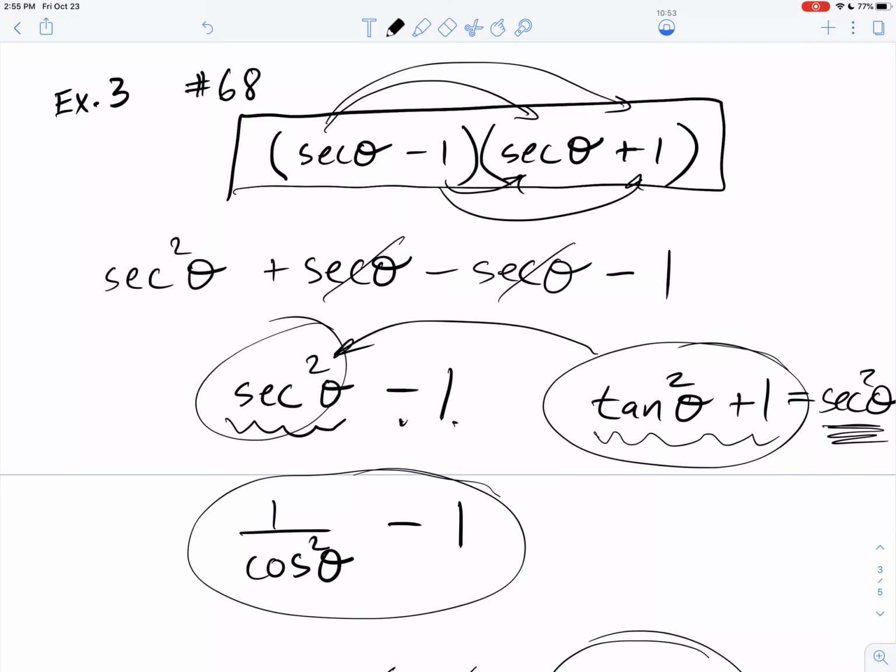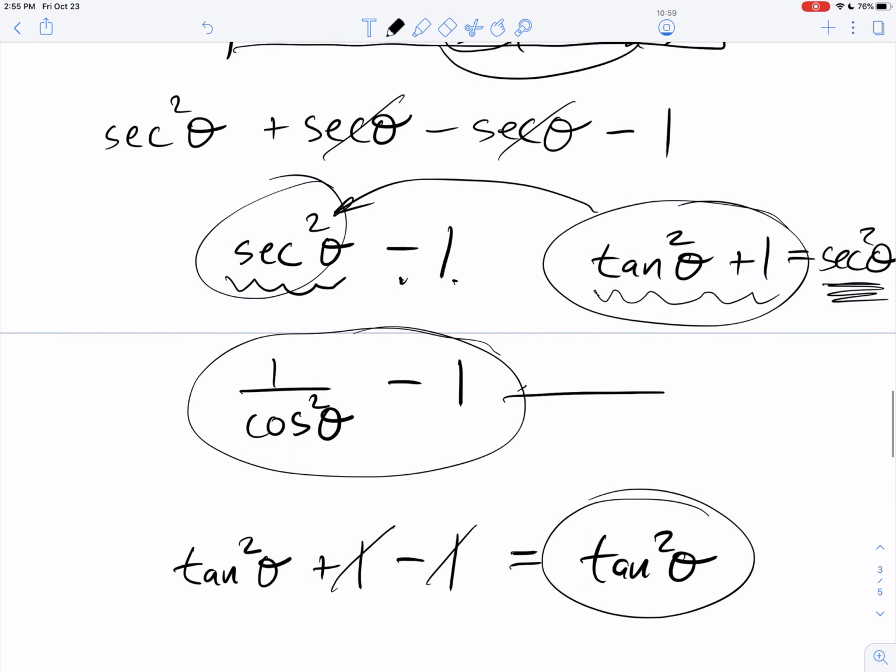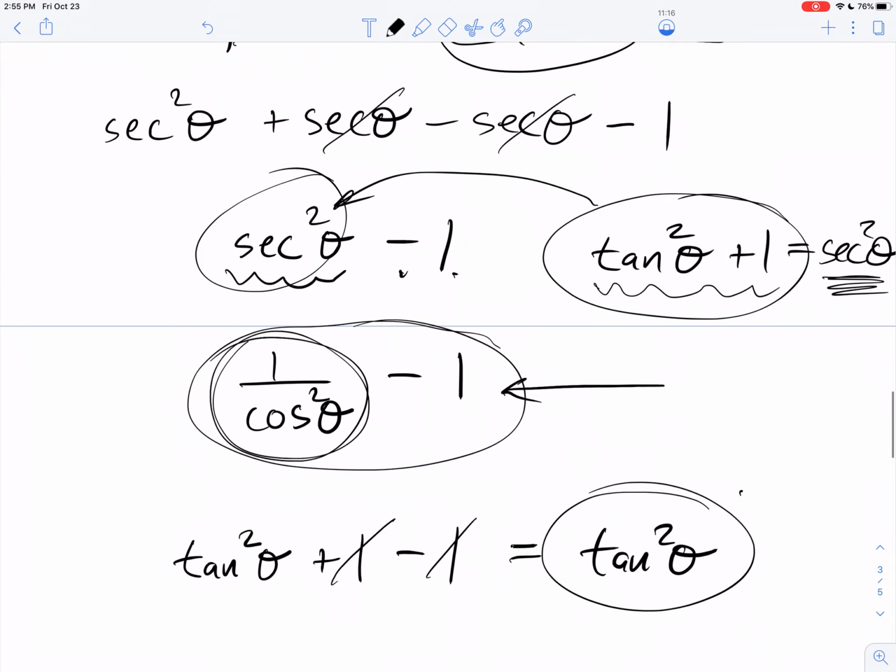Because I could have done it by changing everything into sines and cosines. I really could have. But that would have put me right here. And why would I want to do that? Why would I want to rewrite this part like that? It makes no sense to me, because all I really want to do is simplify it so there's only one trig function left if I can get it there with a theta.